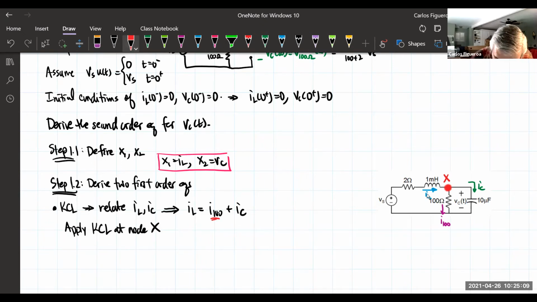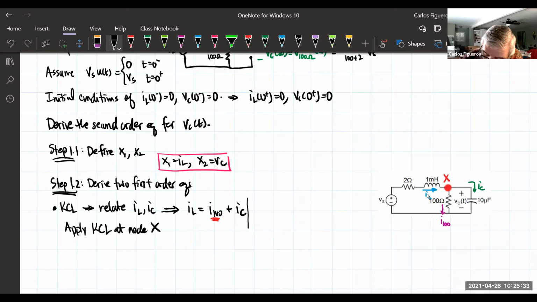Focus on this guy now. What do I know? Look at the 100. That's a resistor. Note that the 100 ohm resistor is in parallel to VC. So I have to rewrite all the resistors in terms of the four variables, VC, IC, IL, VL.